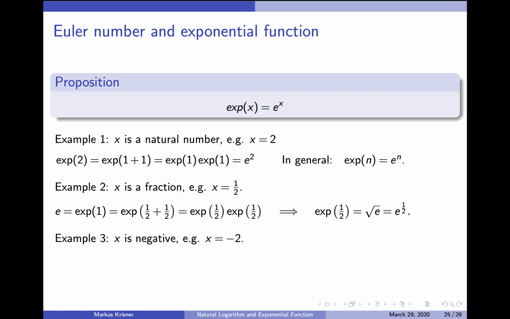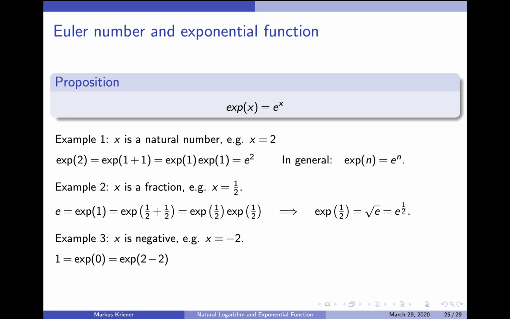In the last example, we look at a negative number, say x equals -2. First, we have 1 equals exp of 0. To see why this is true, either stop here and look at the graph of exp, or write down ln of 1 is 0 and apply exp on both sides.